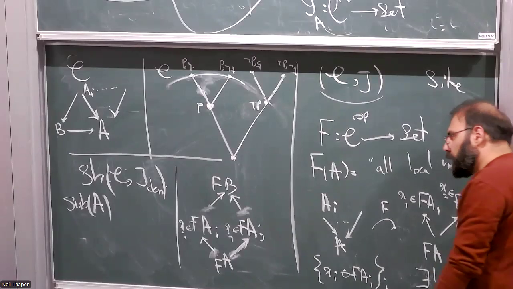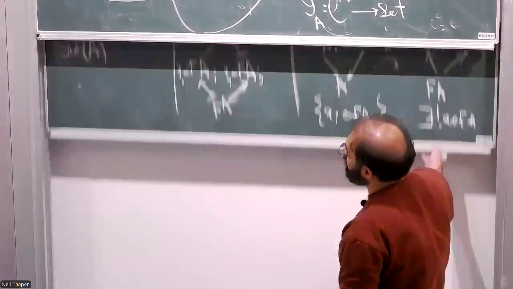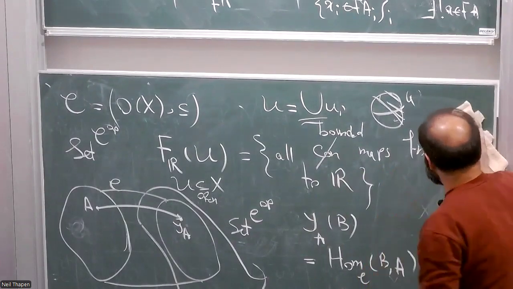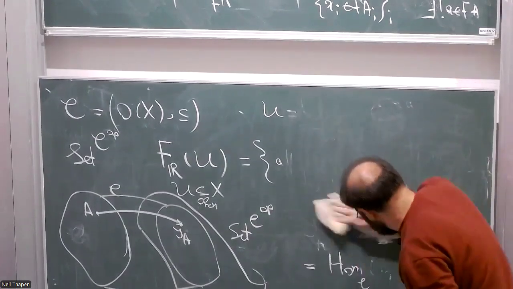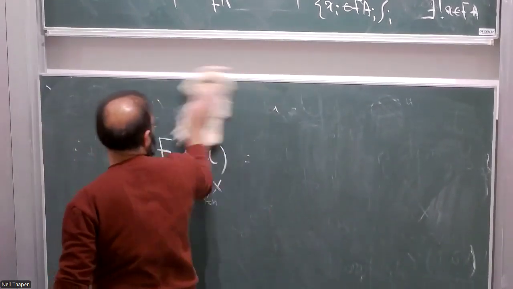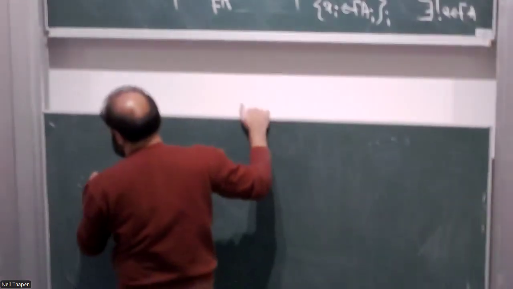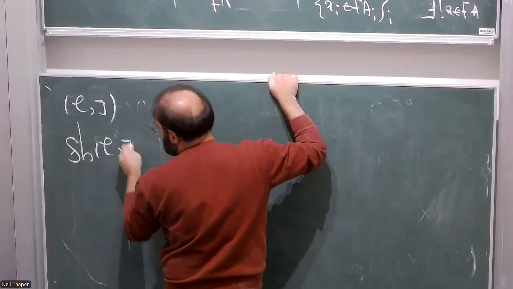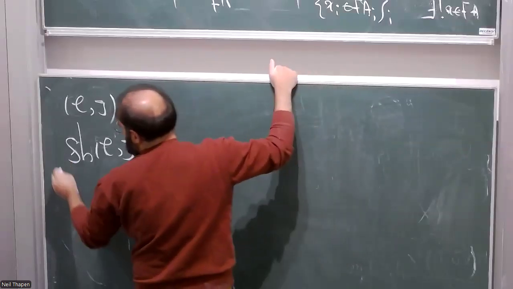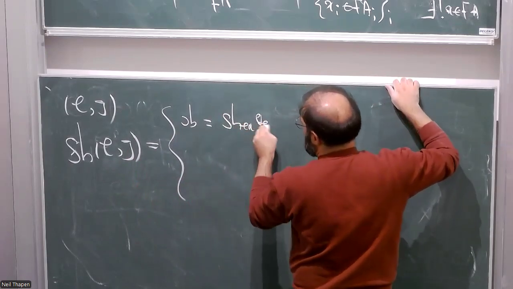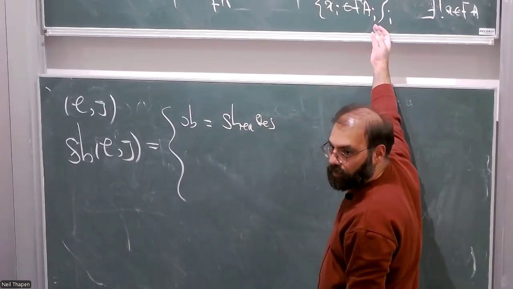Then what is the category of sheaves? The category of sheaves is just a full subcategory of all pre-sheaves. What is it? It is this. Assume that you have a site, then you define the category of sheaves as: objects are sheaves in this sense, right?